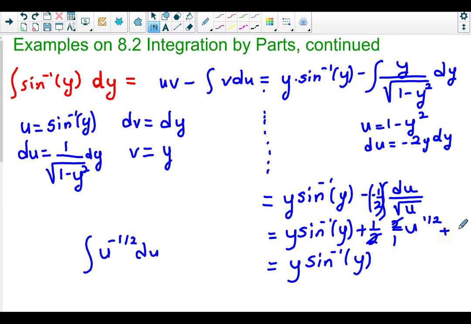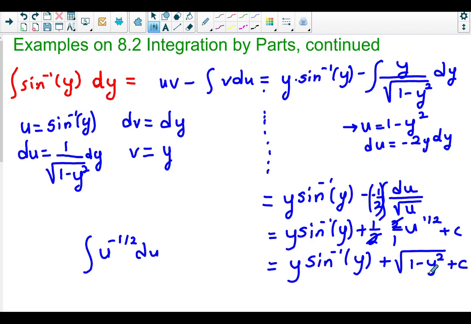At that point, I can also add my c, and square root of u, since u is the same as 1 minus y squared. So after the plus sign, we have the square root of 1 minus y squared plus c. So u to the 1/2 has been replaced by the square root of 1 minus y squared.